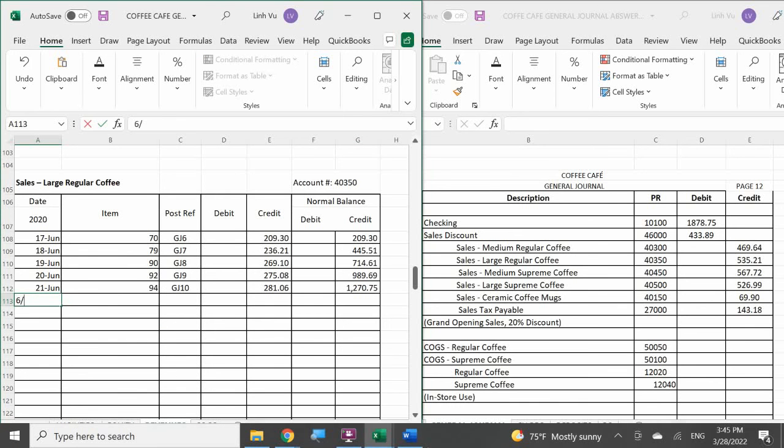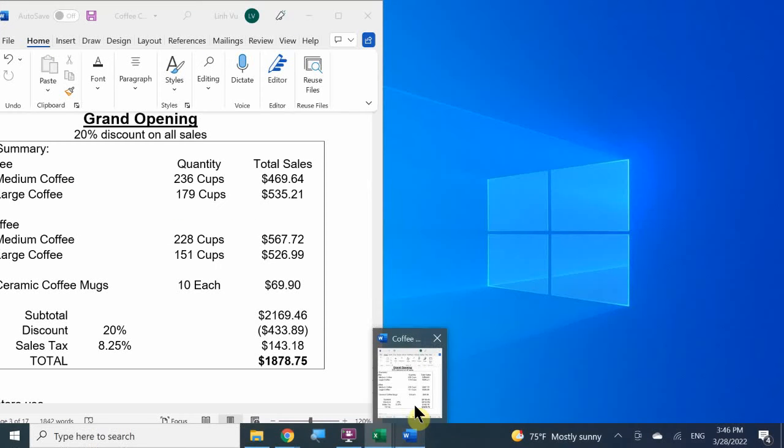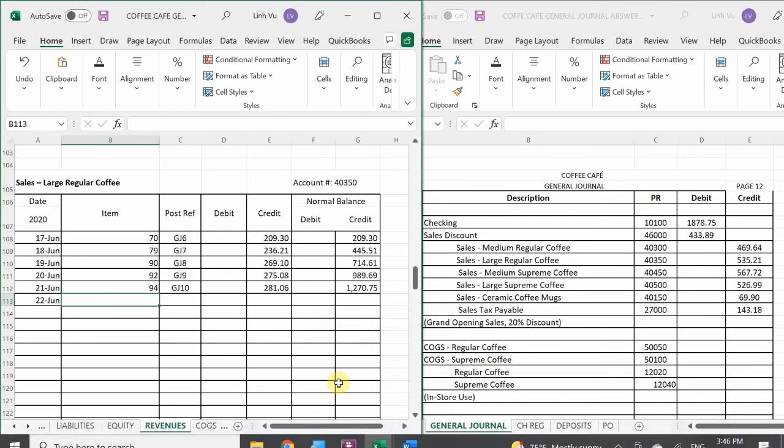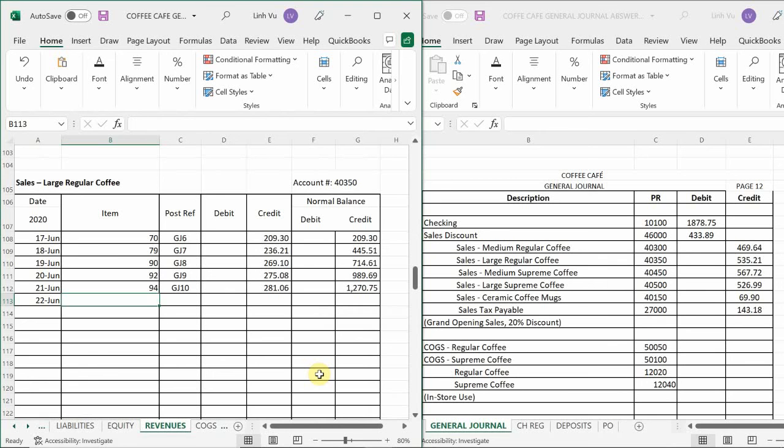What about the large regular cups? $179. 179.